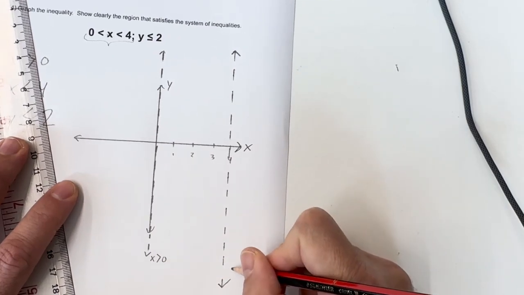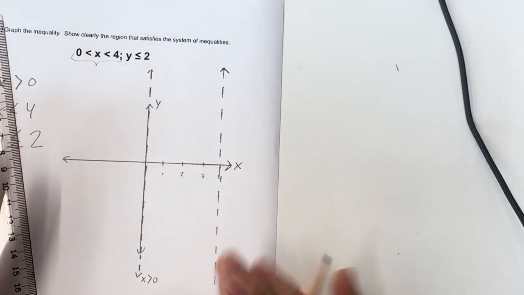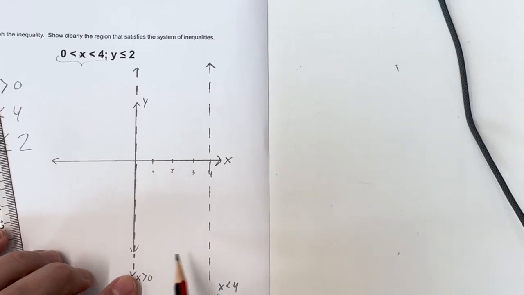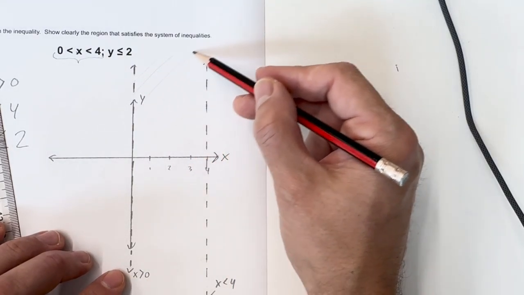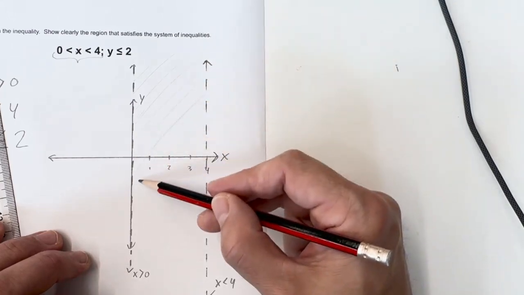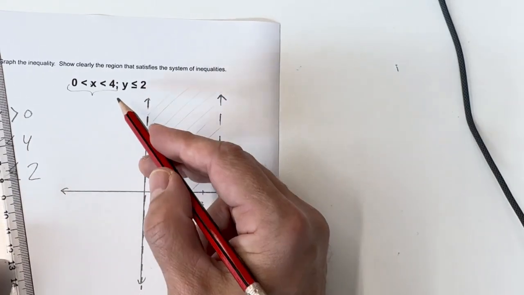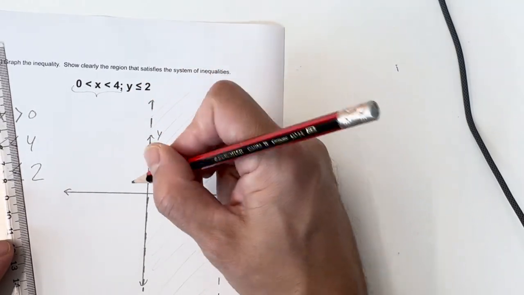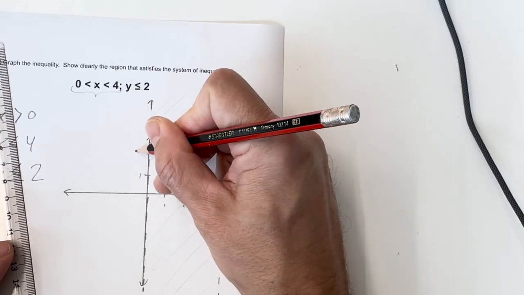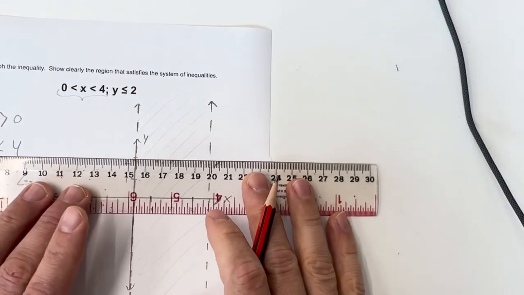And if this were just the problem, we would be able to say, well, okay, I can clearly see that the x values that are okay are in between these two lines, bigger than 0, smaller than 4. And so if this was just the problem, this would be the answer. But there's actually one more restriction on our range or our y values. And it says it must be smaller than or equal to 2. So we do a 1 and we do a 2. And so this one has a line, so we can make it a solid line.